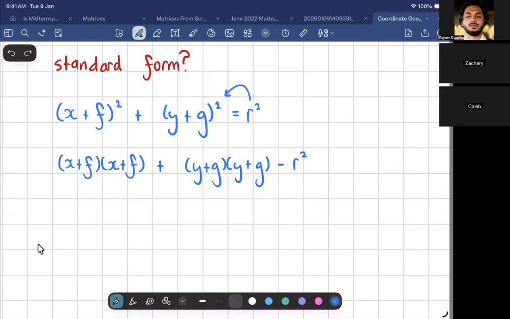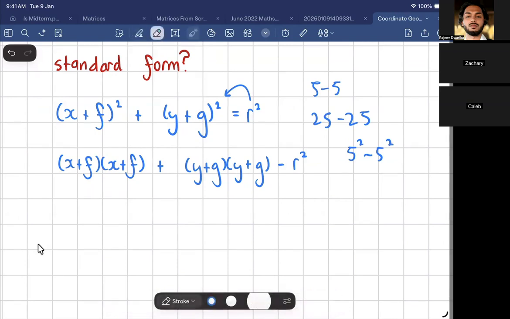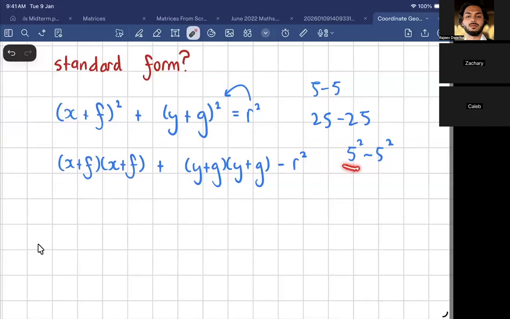Okay, I have a question. What is 5 minus 5? 0, sir. What is 25 minus 25? 0, sir. What is 5 squared minus 5 squared? 0. Caleb, you're saying it like you're unsure, but watch this. Where's 5 squared? 25.